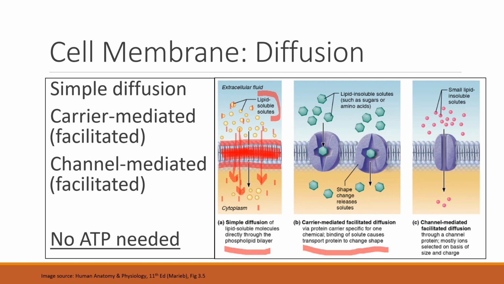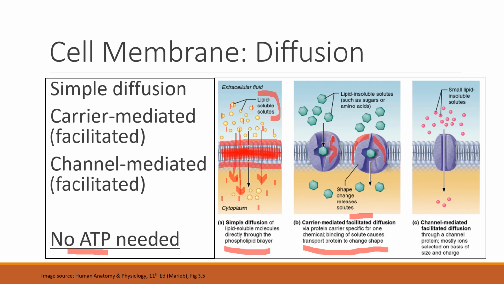Then you have facilitated diffusion. Facilitated just basically means you're helping it. So with facilitated diffusion, again, no ATP is necessary, but in this particular example we have this membrane protein with a particular shape.